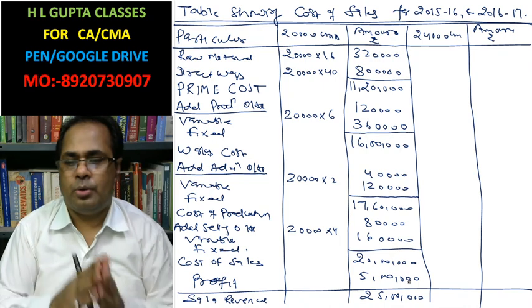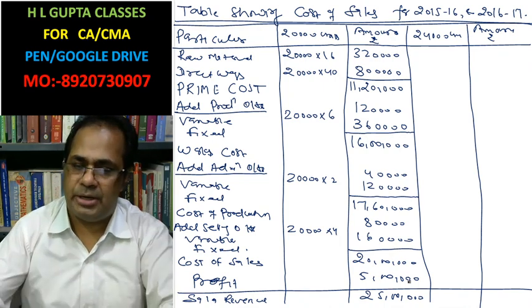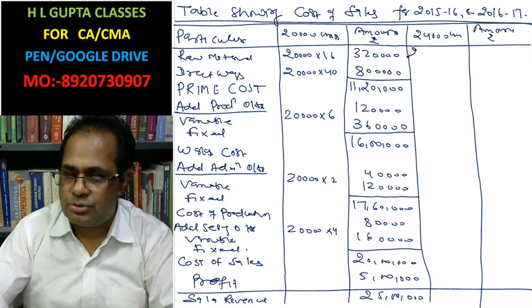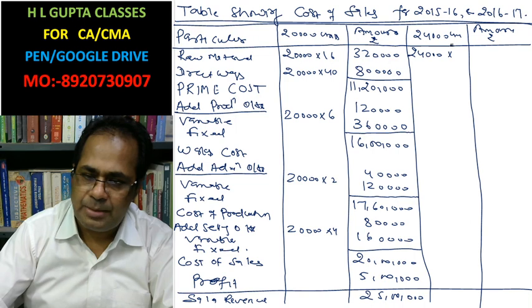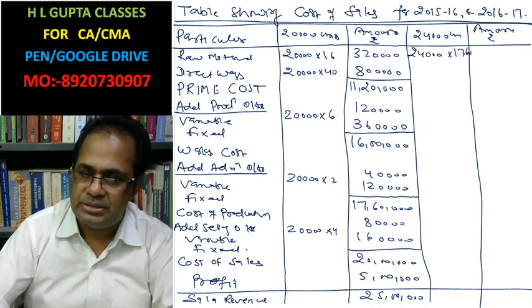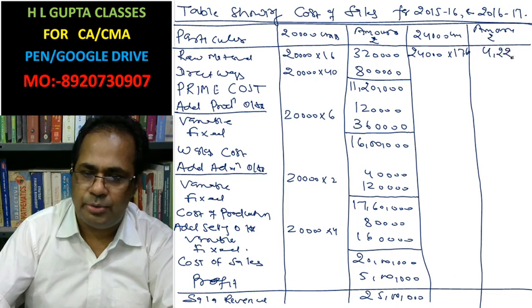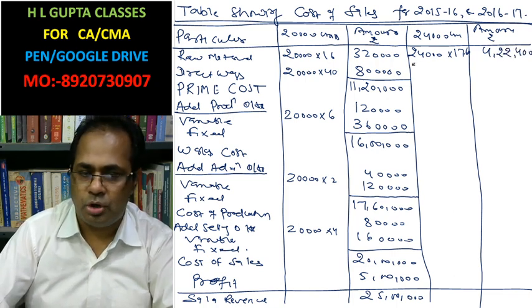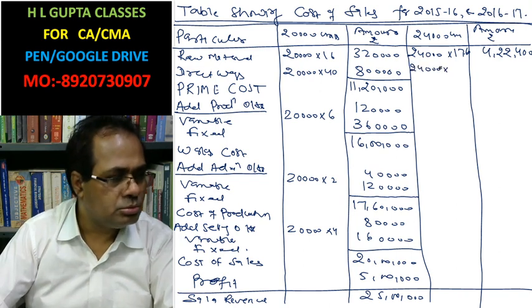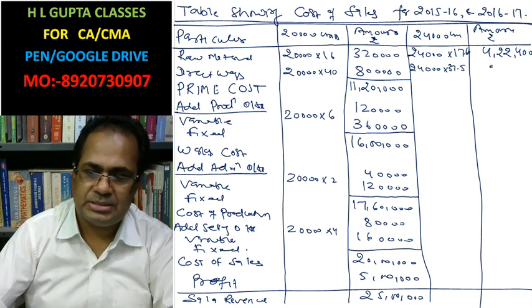Now we are going to calculate the same things for 2016-17. This is 24,000. Now 17.60 on the basis of these, 4,22,400. Okay, this is 24,000 into 37.5. This is 9 lakh.